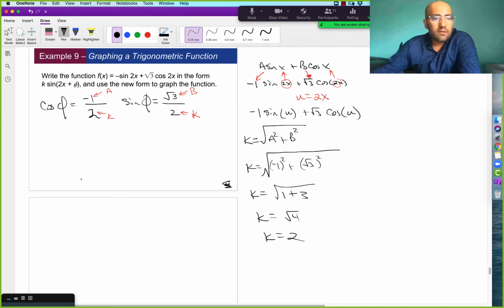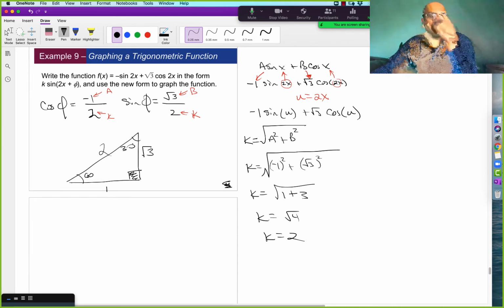So this turns out to be a standard triangle, right? If we think about our standard triangle where we have our 60 degrees, 30 degrees, we have this guy over here. In our standard triangle, this is a 1, this is a 2, this is a root 3. I suspect that it has something to do with 30 degrees, right?